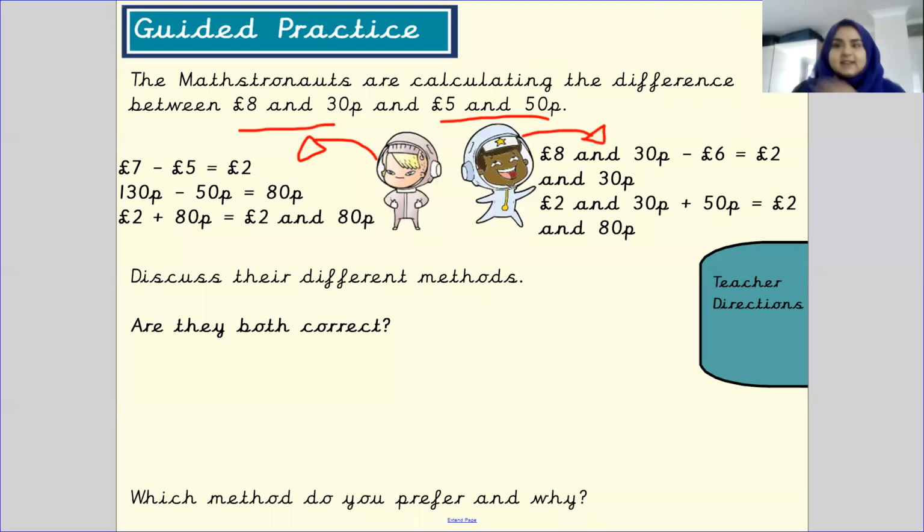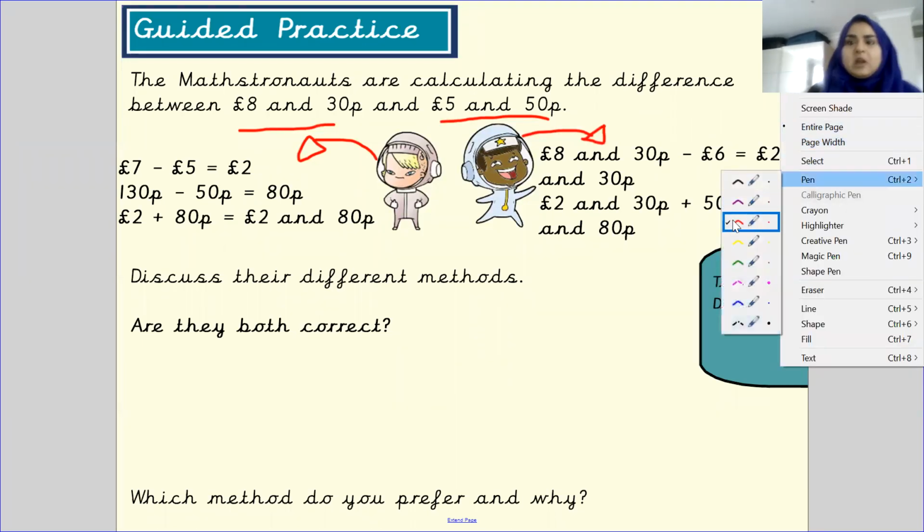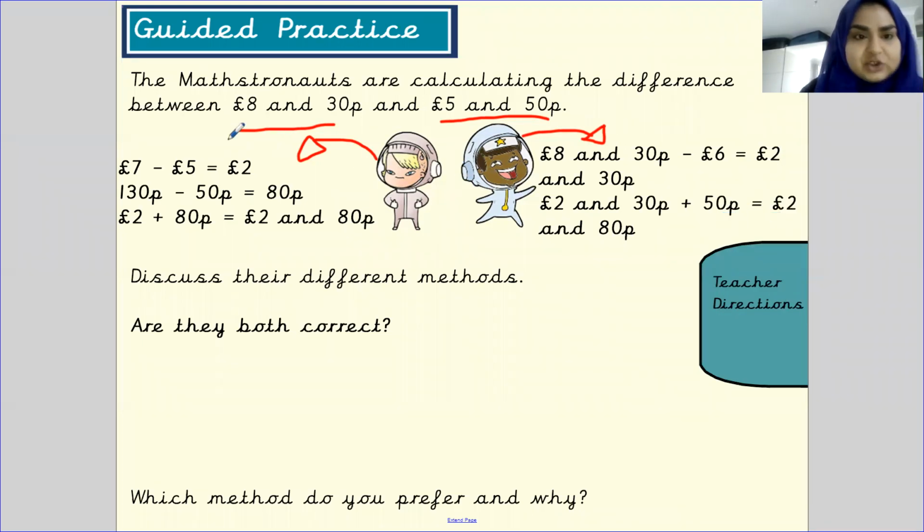Okay, fantastic. So if you look at the first method, what the pink astronaut has done, he has used £7 from the £8 and he has used £5.